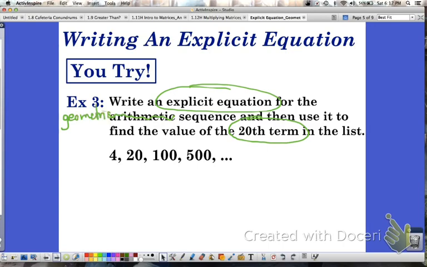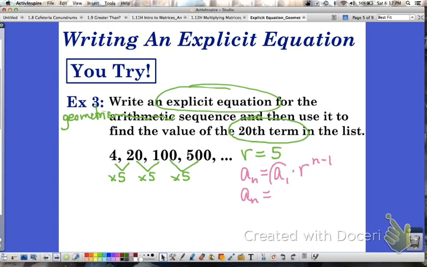Here we go. To go from a 4 to a 20, then to 100, then to 500, it appears the numbers are getting large rather quickly, so I'm going to multiply by 5 to go down my list. That means my common ratio is 5. I'm going to use it and the first term to put it in my template. A sub 1 times r to the n minus 1, and here I go.